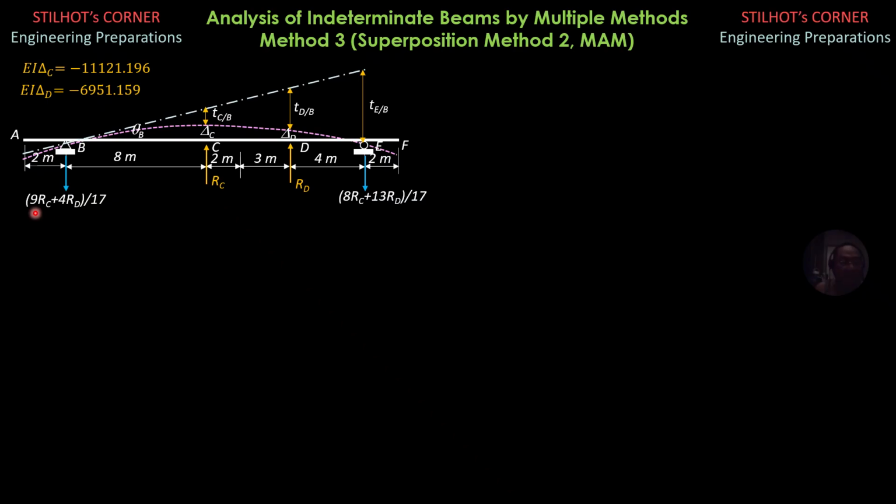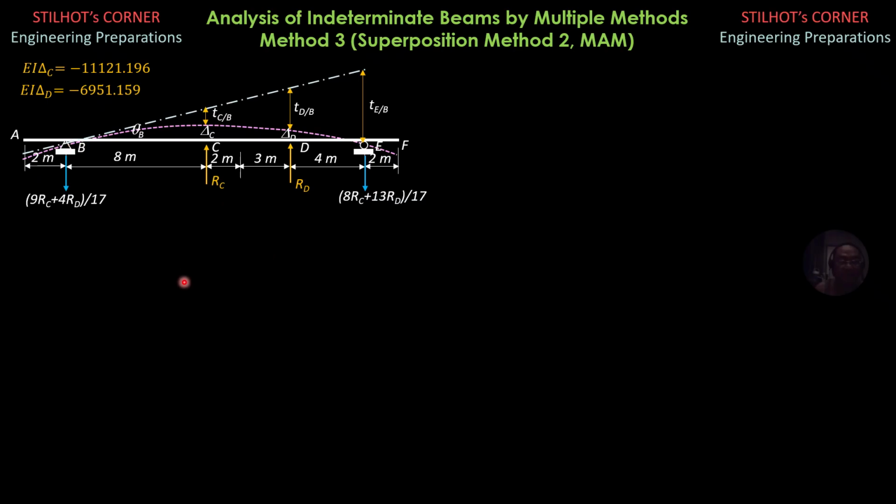So 9RC plus 4RD, then divided by 17. So that's the reaction. For this case, because we make this the moment center, it's no longer important, but to verify that value, sum up moments about B.